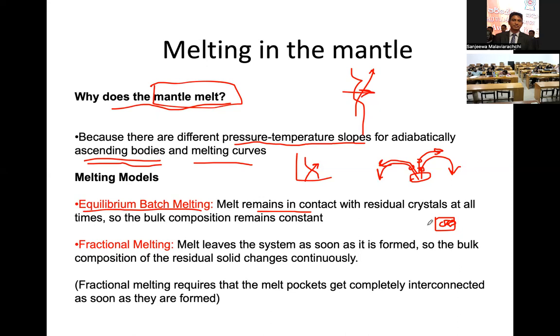The residue here is in contact with that for a certain period of time. So during that time, all the elemental partitioning can take place also. So finally, they will come to an equilibrium condition.